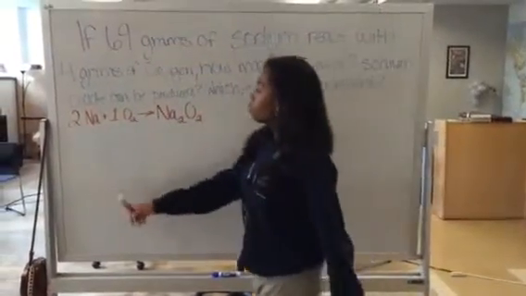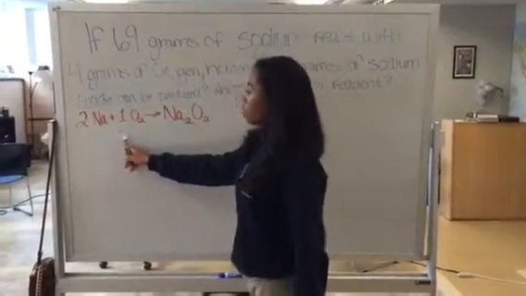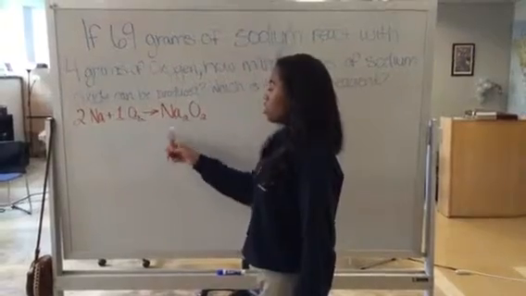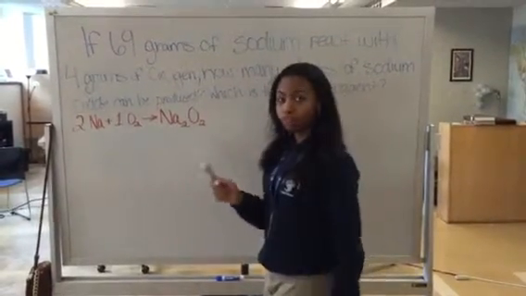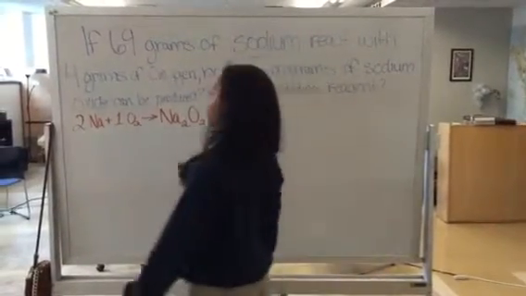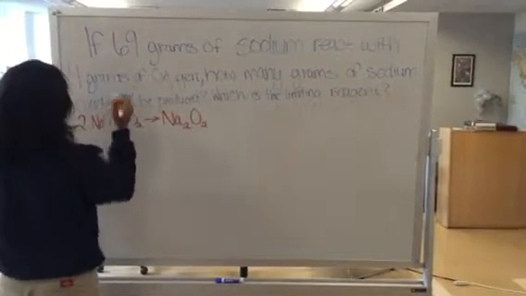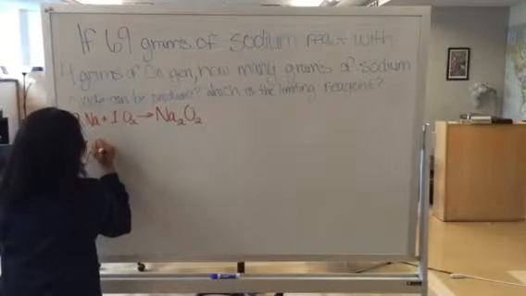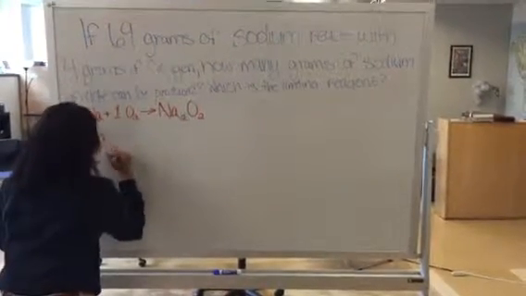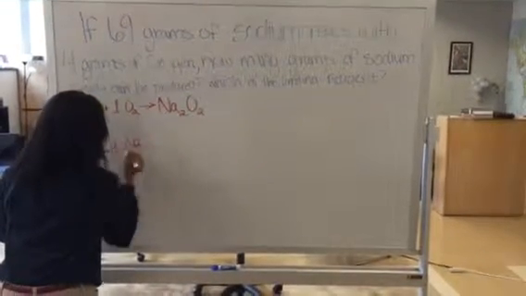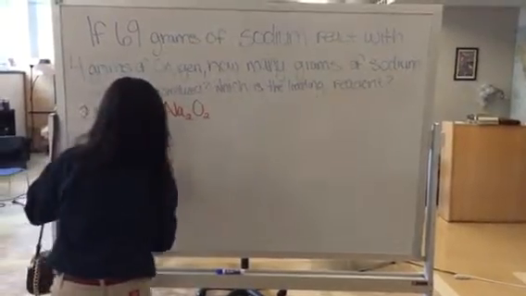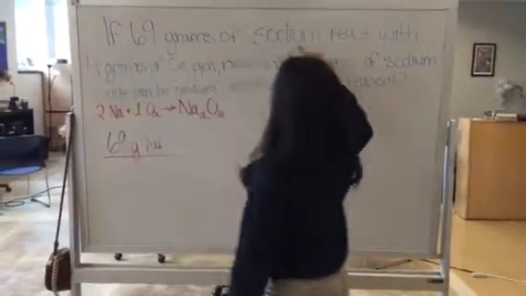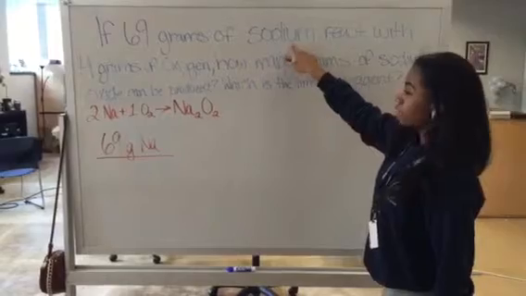So, our chemical equation is 2Na plus 1O2, and you get Na2O2. To start off the problem, we're going to do 69 grams of Na over the molar mass of sodium.